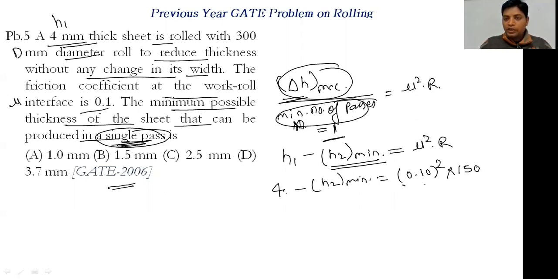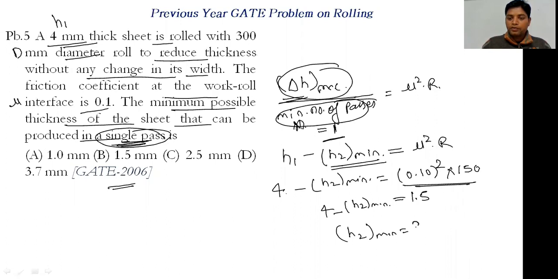When you calculate this portion, you will get 1.5. So 4 minus H2 minimum is 1.5, and from here you can get the value of H2 minimum. This will be equal to 4 minus 1.5, so 2.5 mm. So the option will be C.